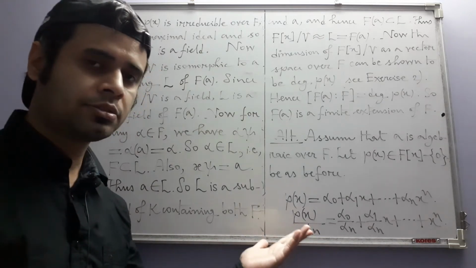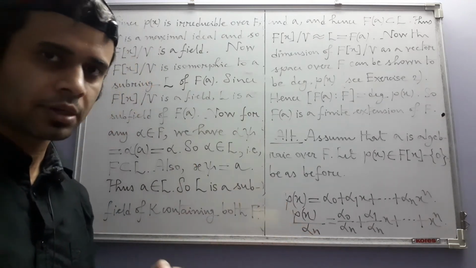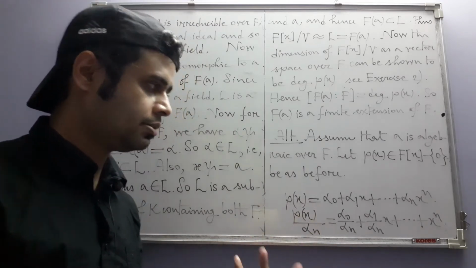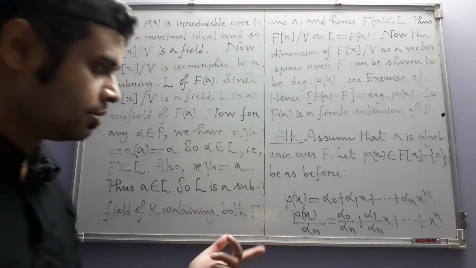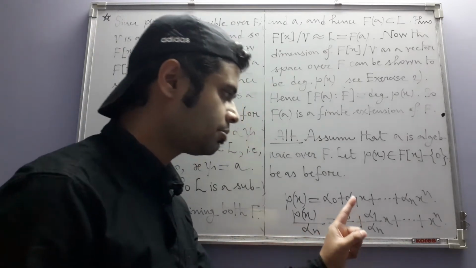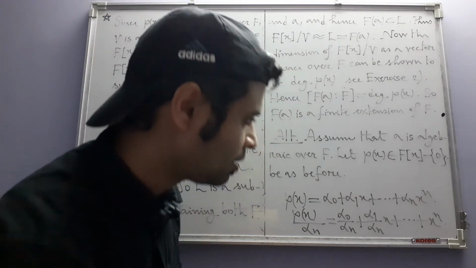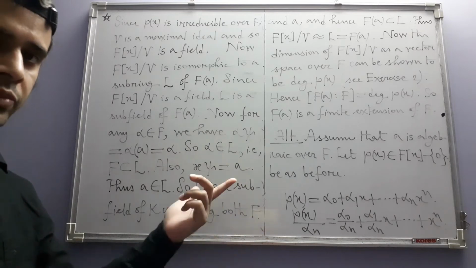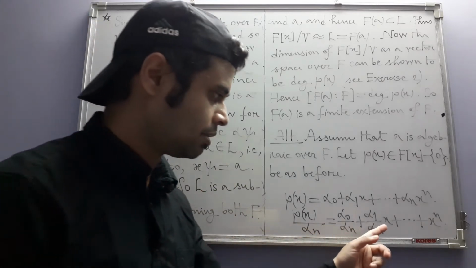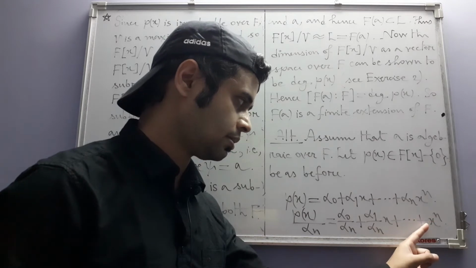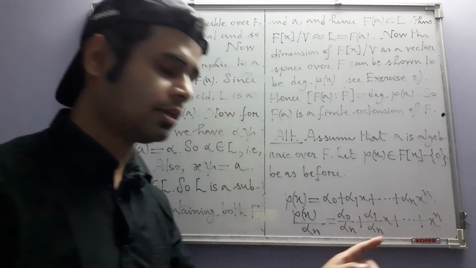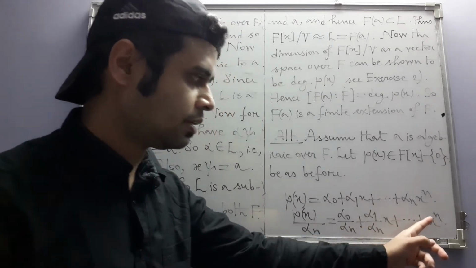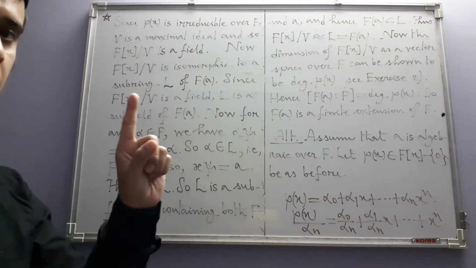Clearly this is also a polynomial that A satisfies, because after all this is nothing but px divided by alpha n, and p of A is known to be 0. So note that this polynomial also has the same minimum degree n that px has. It is satisfied by A, but one more thing that can be said about this polynomial is that it's a monic polynomial, because the coefficient of the highest degree term is 1.